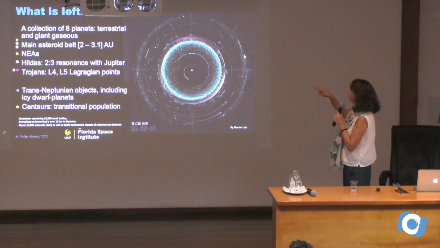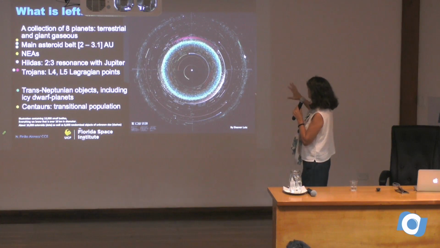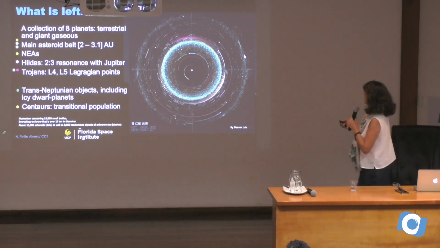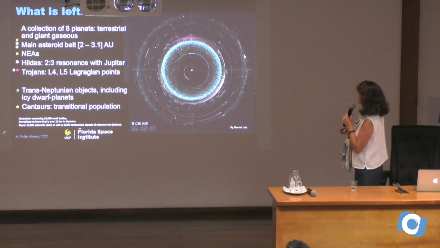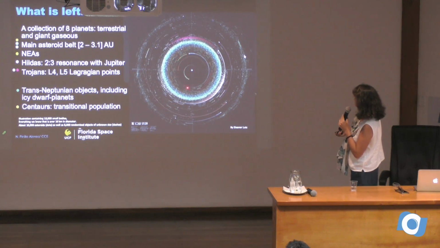The different colors represent different populations. So, for example, if we go from the sun, we have some objects here that, of course, are near-Earth asteroids, all the yellow ones here. Then you have the inner, central, and outer main belt, that is all of this region here.